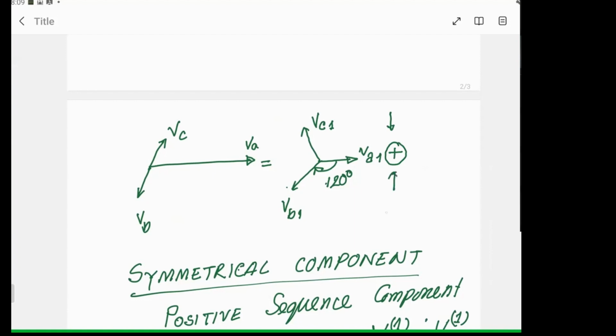This addition is a vector addition because we are considering AC, balanced or unbalanced. All the time we are considering the vector. I think I discussed in the last class that AC and DC representation is slightly different. DC we represent only with the magnitude. If you say 20 volt DC, you don't need any other information.